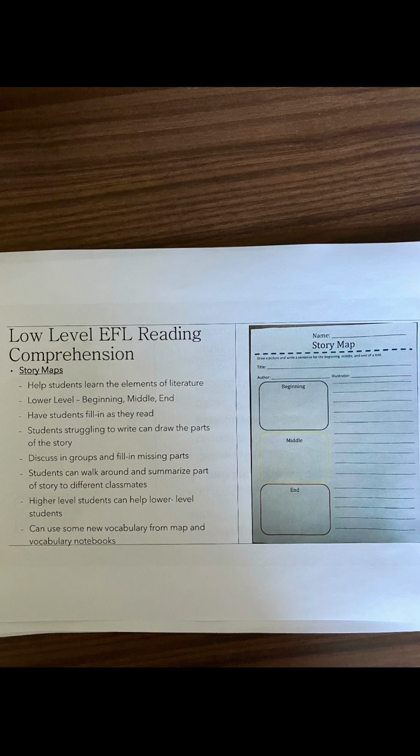You can have higher level students work with maybe lower level students and help them, and see if you can get them to use some of that new vocabulary while they're working on their story map, summarizing what happened in the beginning, middle, and end of that story. So again, you're reinforcing all the vocabulary they've learned while working on reading comprehension and while working on writing and their speaking. So you're integrating skills here again.